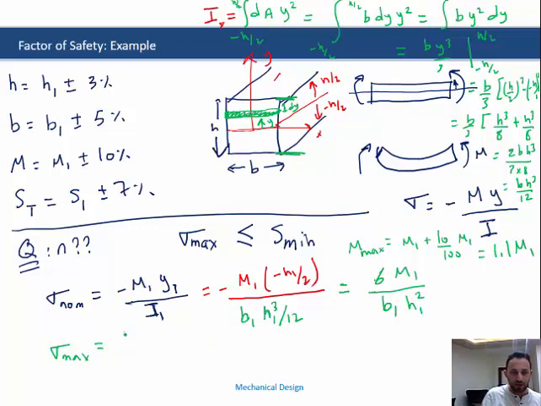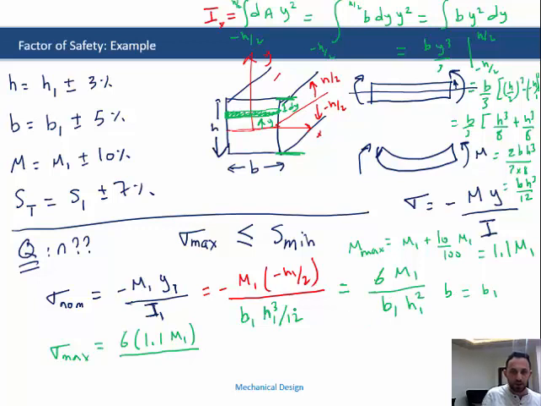6 times 1.1 m1 over. For b1, we take the minus, right? We need to decrease b1. b1 is equal to, so b max, sorry, it is b1 minus the minimum, sorry.